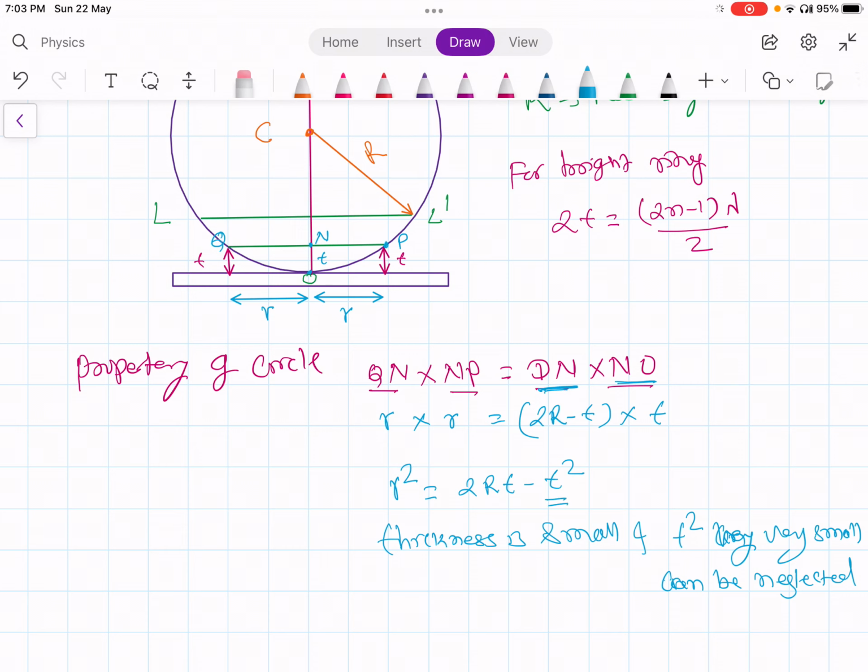So we are going to neglect t square as t is small.